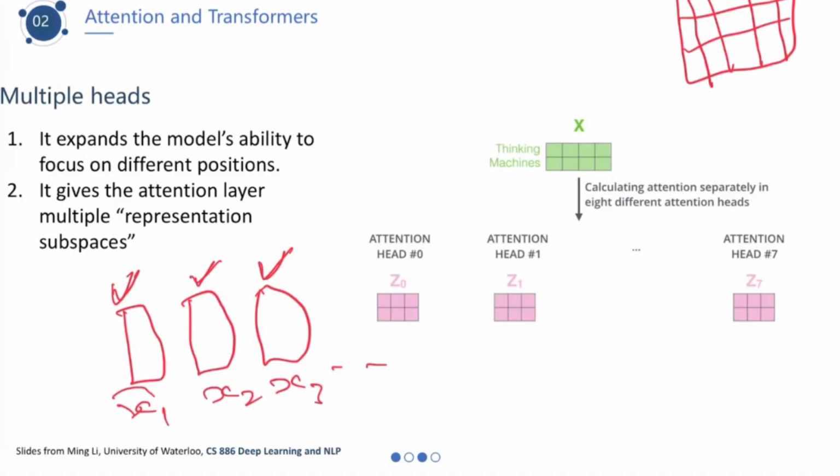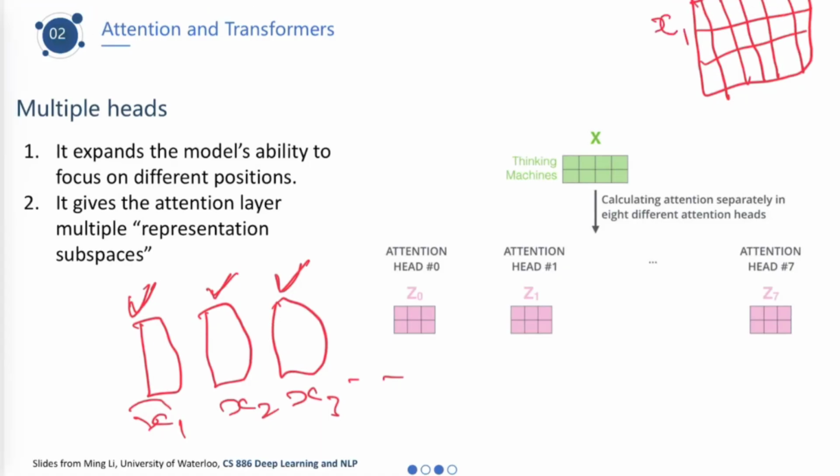Now what is happening here? Here your focus is on the full word. Suppose I am going to calculate the attention of x1 with respect to all other words, x1 up to xn. Then I'm taking the full vector of x1 in the feature space.